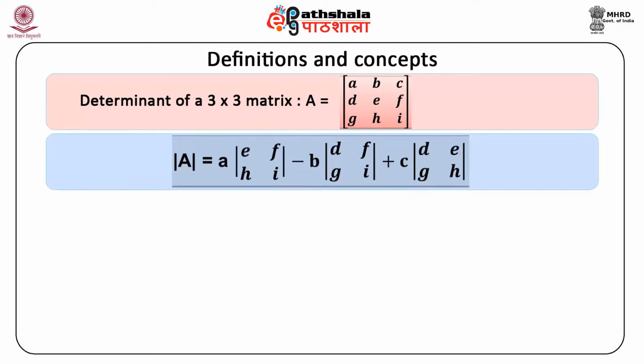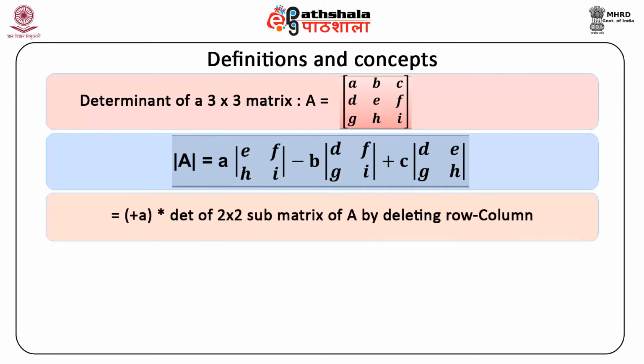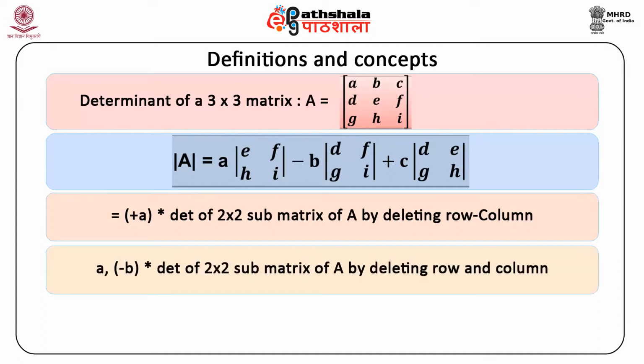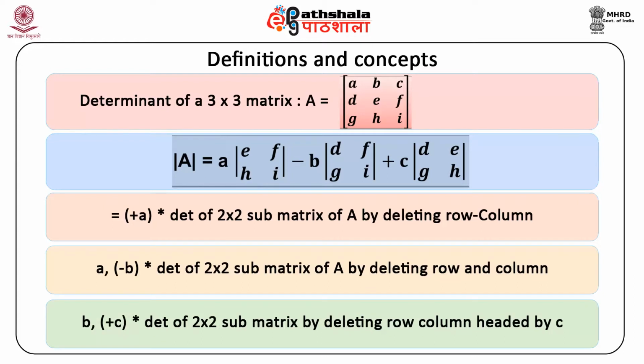Then determinant of A is equal to a times determinant [e, f; h, i] minus b times determinant [d, f; g, i] plus c times determinant [d, e; g, h], which is equal to plus a times determinant of the 2 by 2 submatrix of A obtained by deleting the row and column headed by a, minus b times determinant of the 2 by 2 submatrix of A obtained by deleting the row and column headed by b, plus c times determinant of the 2 by 2 submatrix obtained by deleting the row and column headed by c.